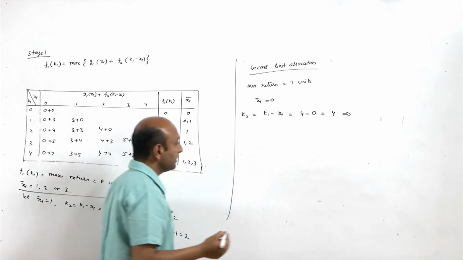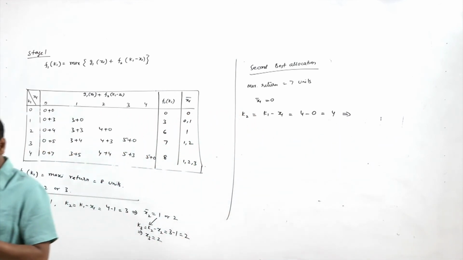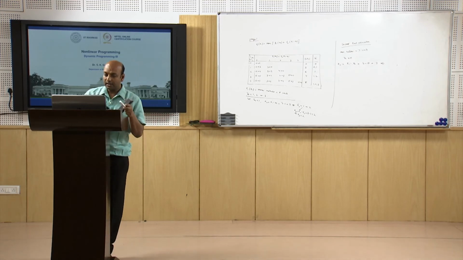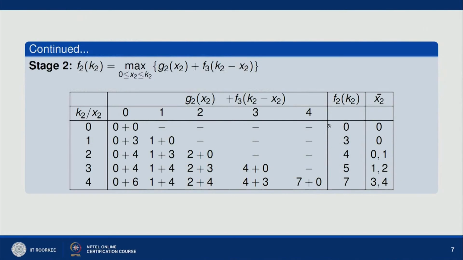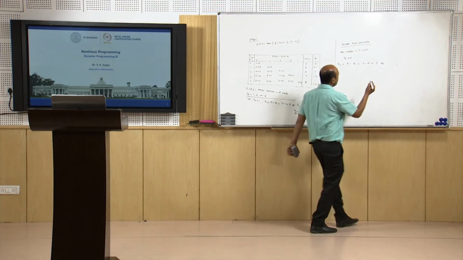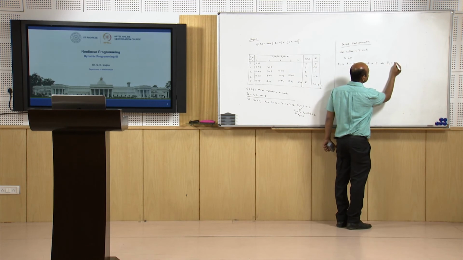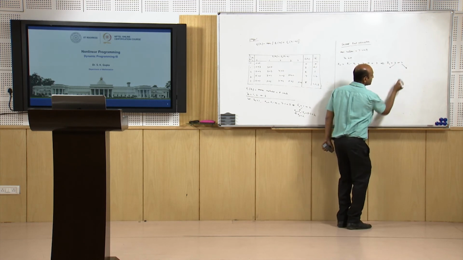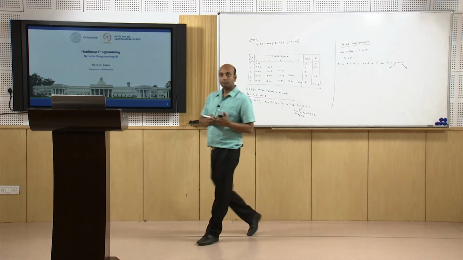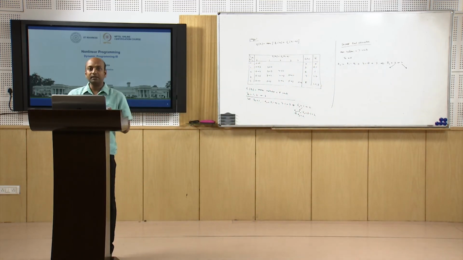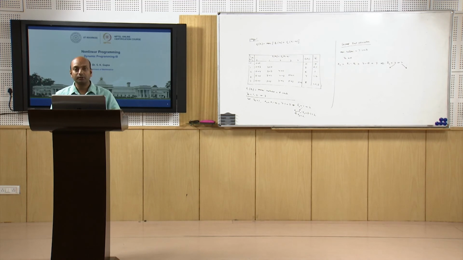And from stage 2, as we can already see in the table, when K2 is 4, x2 is 3 or 4. So from here x2 bar is 3 or 4. Again we will find the solution from this or this. So that will be the second best allocation.